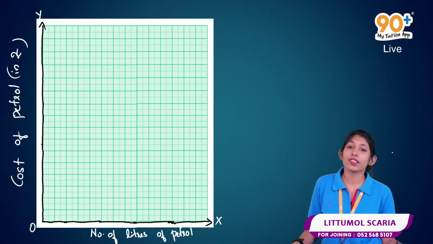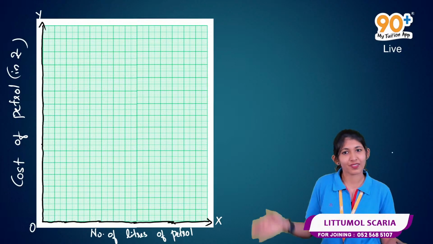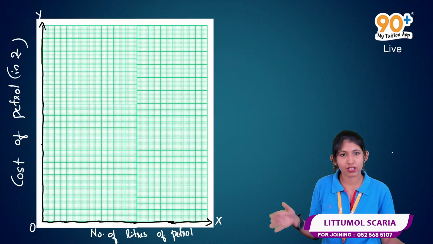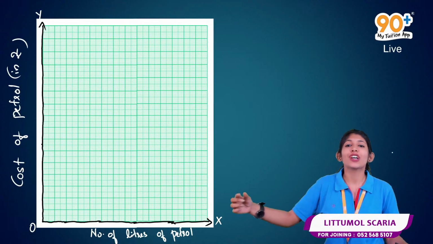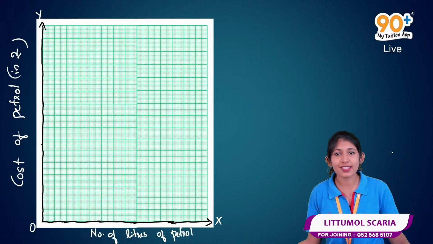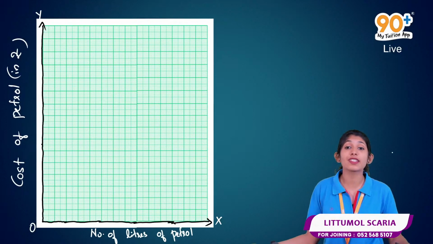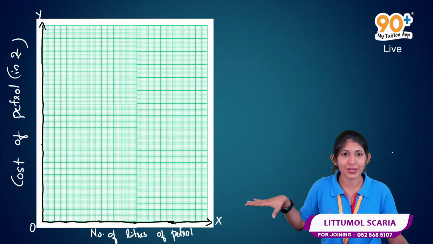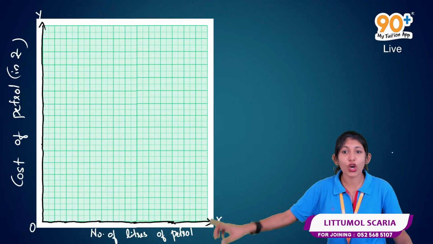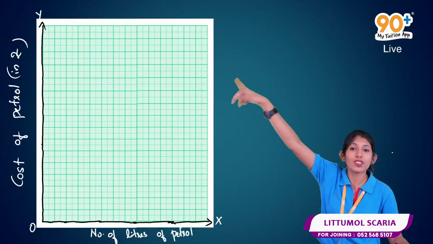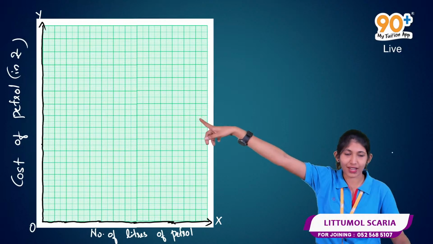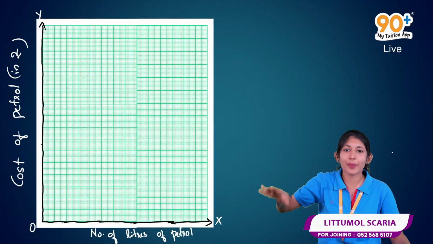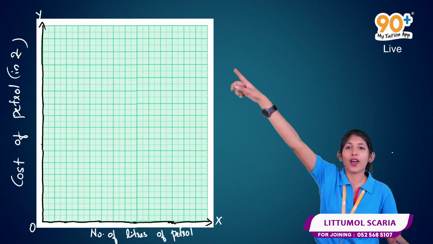What if the number of liters of petrol decreases? The cost will also decrease, right? So based on your number of liters of petrol, the cost is varying. Based on your x value, your y value should be changing.